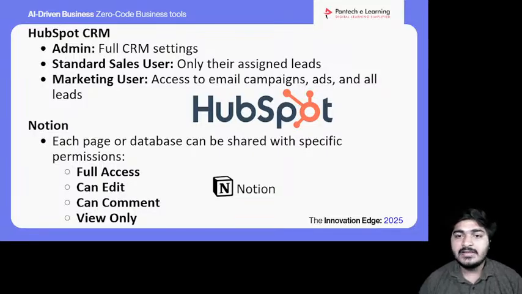So in those applications too, the admin gets full access to the CRM and the settings, so you can see who all are getting registered, all those things. And the standard sales user only sees their assigned leads, so they will get assigned access to input and output of all those things.